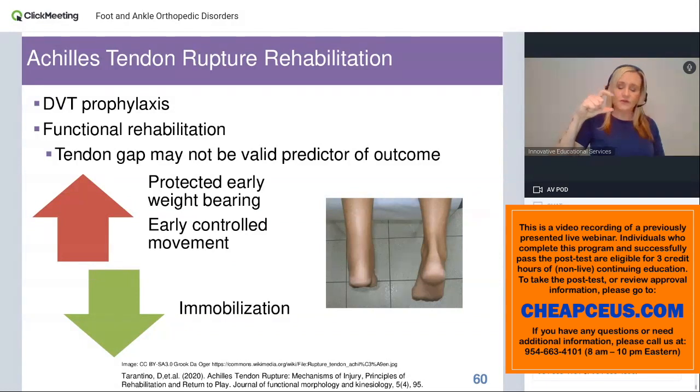Maybe it's more of a 30-degree wedge. So you're getting approximation of the tendon edges. And then over the weeks, it's slowly lowered down as that tendon's lengthening and healing. So we're not doing just complete immobilization for these patients. We're looking at doing more management conservatively.